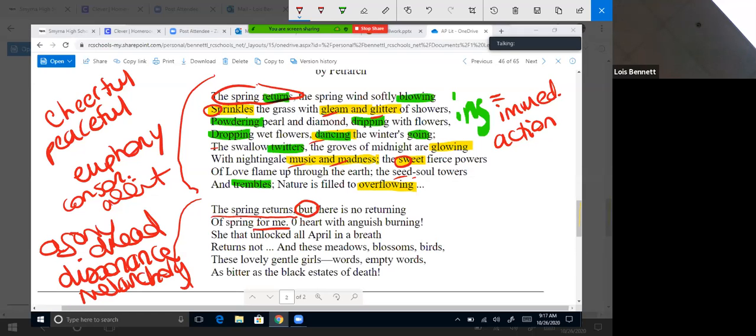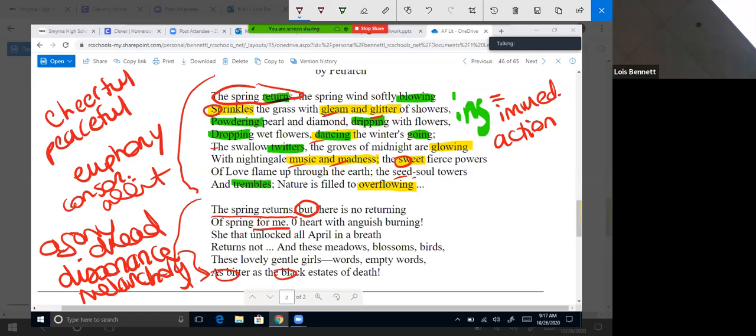Like he's gone from being cheerful and happy and everything's glowing to the blackest states of death. So we still have alliteration, but it's this hard B alliteration. Instead of music and madness and glitter and glowing, we have bitter as the blackest states of death, like he's spitting that last line at you. And so that could add to the dissonance there.